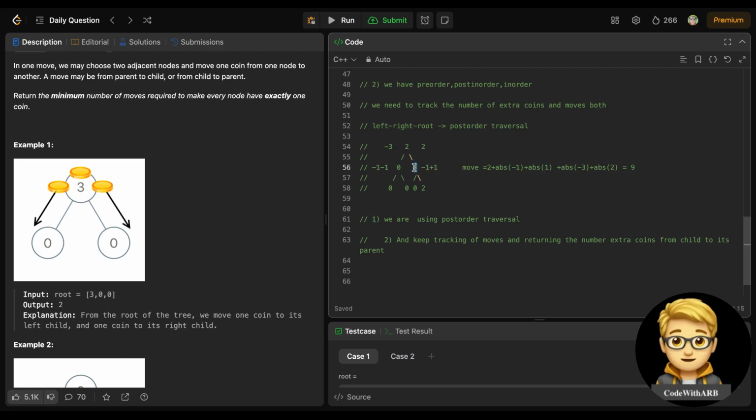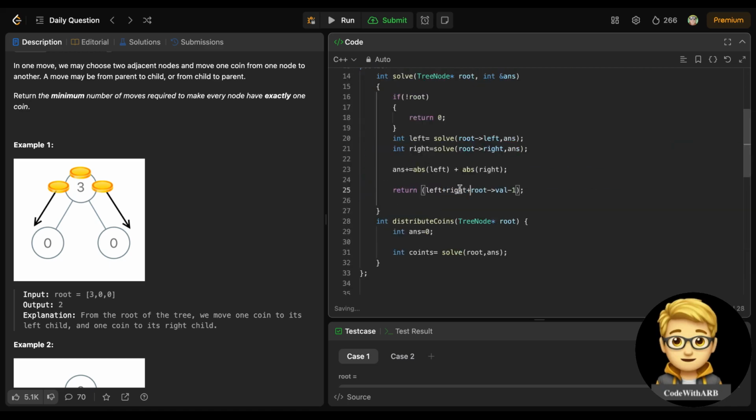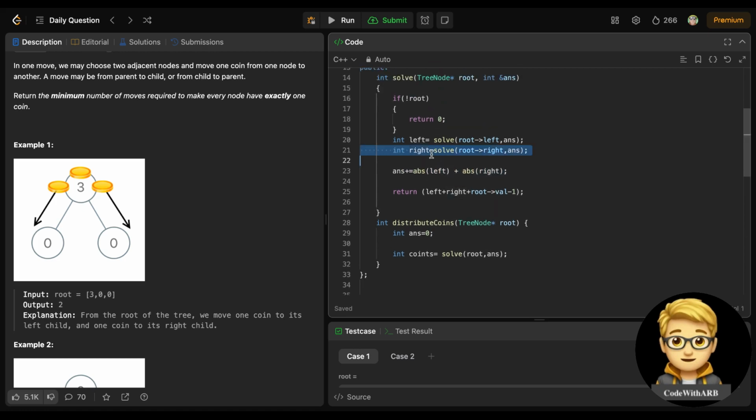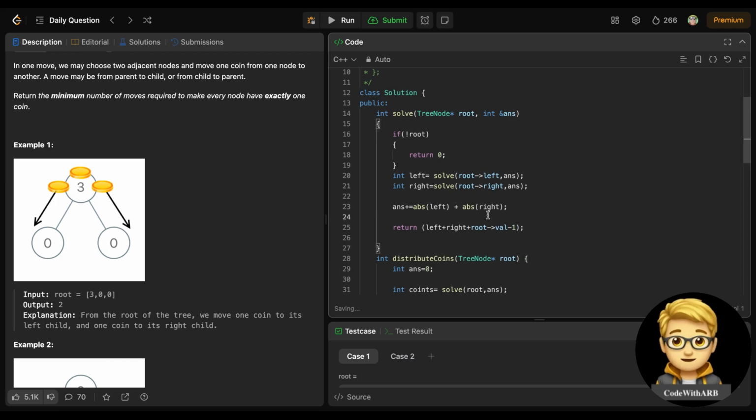That's why I have written root value minus 1 plus left plus right. And for calculating moves, I will take the absolute value, right? So this is how we will solve the question, and at last I will simply return an answer.